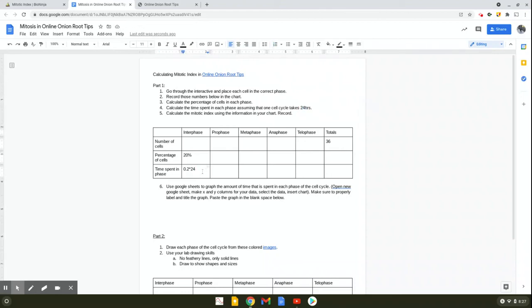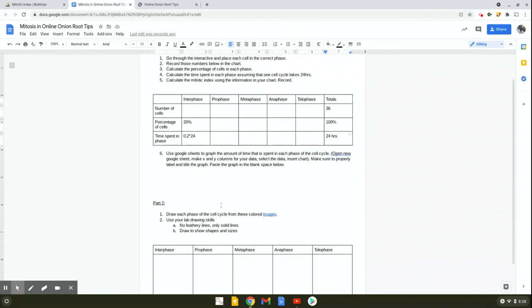And then you would get some number, and that would be your time spent in hours. The total of percent should always equal 100, so you should be close to 100. And the total hours here, if you do this correctly, should be close to 24 hours. So that's how you can check your work. The rounding might be a little bit off, so you won't be exactly 24 hours or exactly 100%, but that's fine.